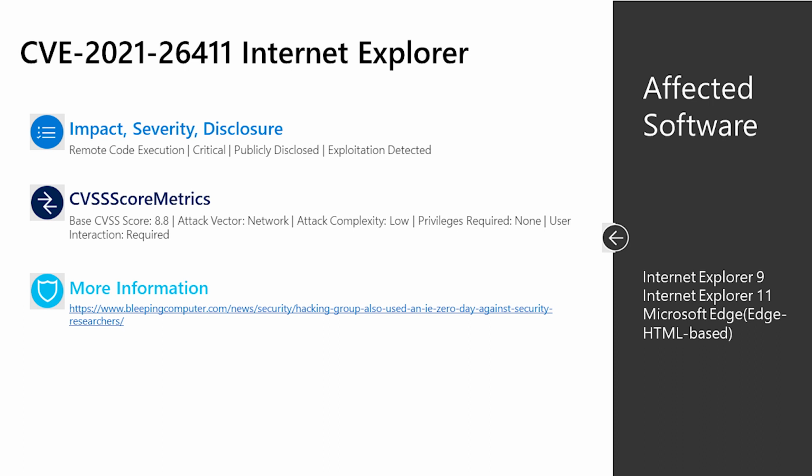So this has a CVSS base score of 8.8, attack vector over the network, attack complexity is low, doesn't require user privileges, but it does require user interaction. So that's a slight little speed bump, if you will, that someone has to click on a link, or be convinced to click on a link somehow. So that's, like I said, a slight speed bump mitigation there.